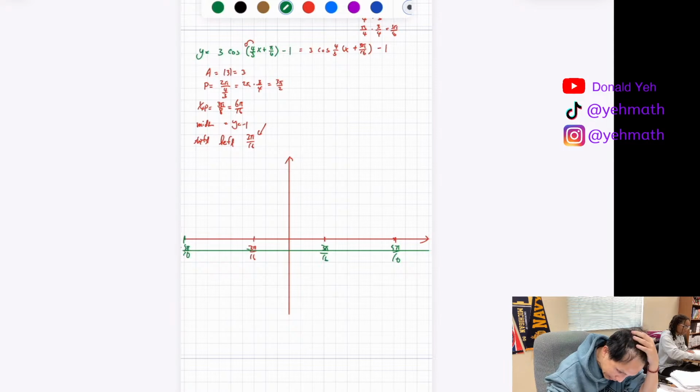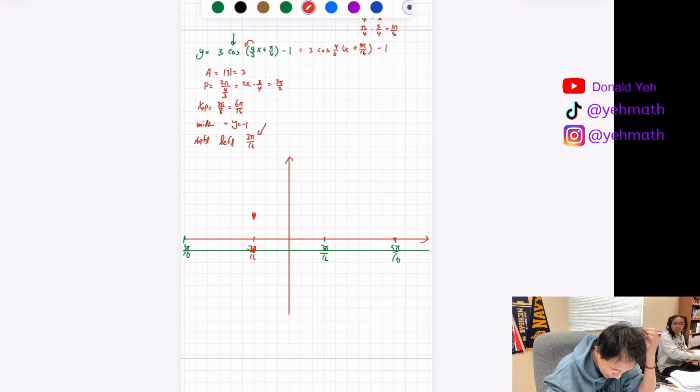So y here is cosine. Cosine starts at a peak or midline or trough? It's a peak, and it starts right at this point, right? This is the point that I start with, but I start at a peak from there, so it'd be 3 units on the top.